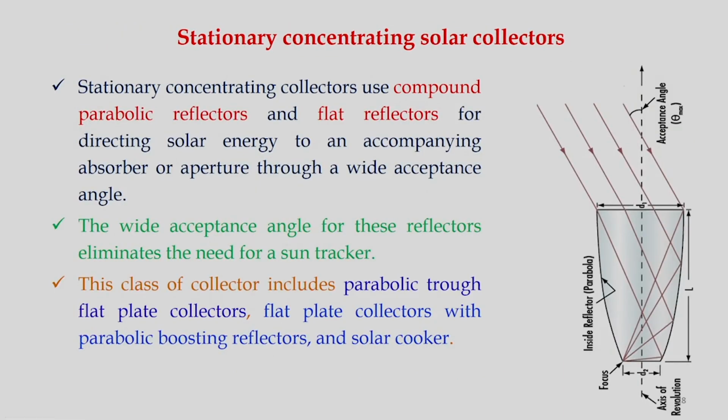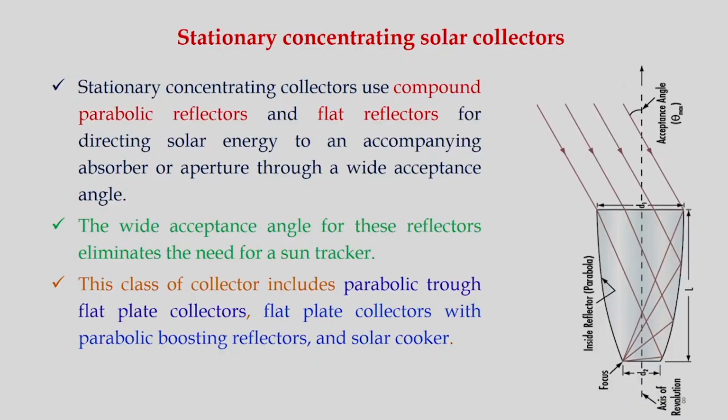One more type of concentrating collector is stationary. Okay, you do not need any tracking devices. So, these stationary concentrating collectors use compound parabolic reflectors and flat reflectors for directing solar energy to an accompanying absorber or aperture through a wide acceptance angle.